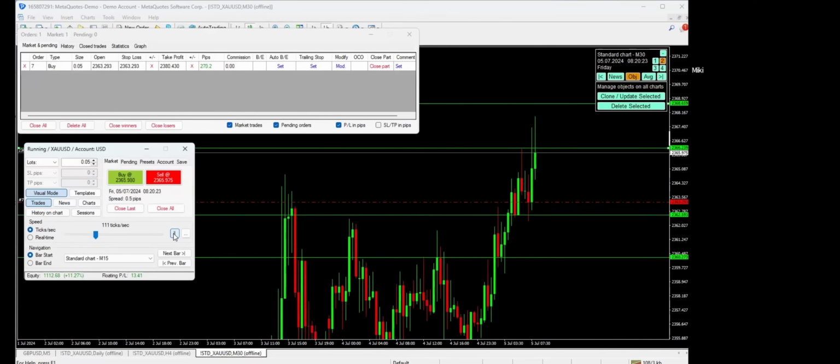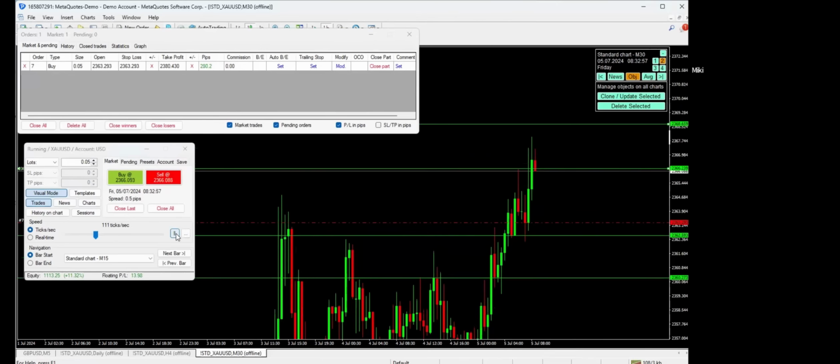Man, resistance levels might be pretty strong right here. Are we closing above? Yes. Good. Little pullback.